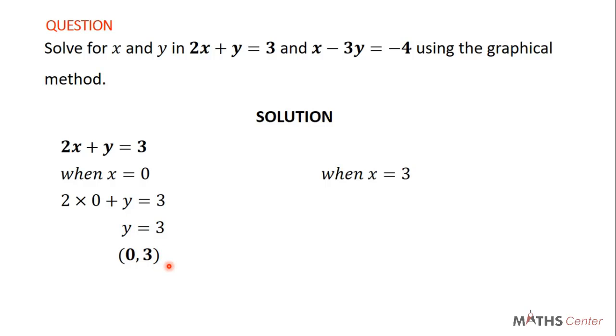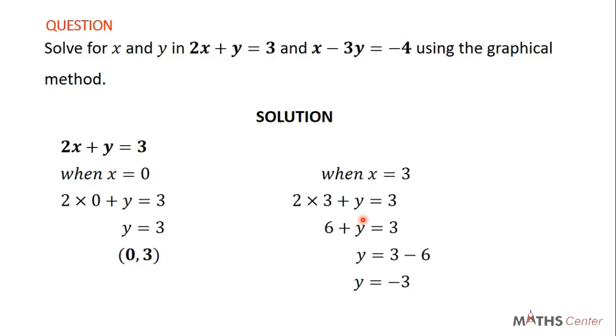Then because I need 2 points, I will assume another value and say when x is equal to 3. When x is equal to 3, you have 2 times 3 plus y is equal to 3, because 2 times x and x is now 3. So 2 times 3 plus y is equal to 3. This will give me 6 plus y is equal to 3. Y will be equal to 3 minus 6.